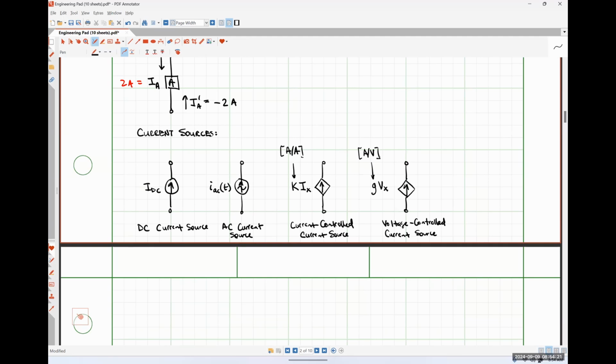So it effectively converts a voltage into a current. All right, any questions on current and charge before we move on to our last set of relationships regarding power and energy?